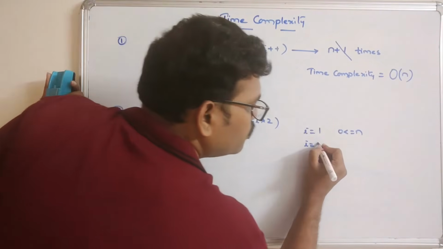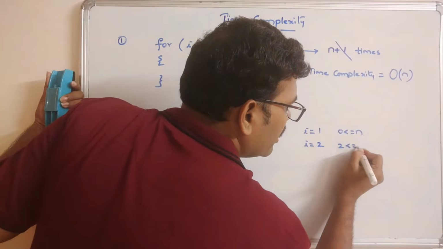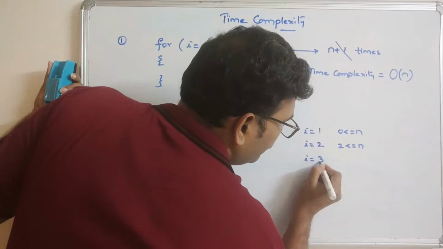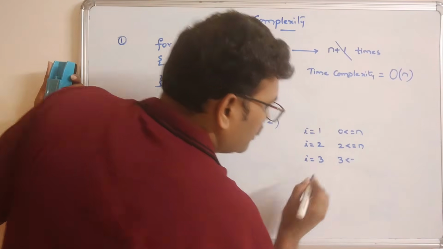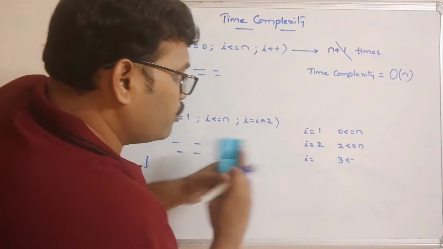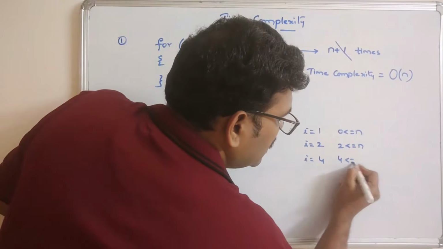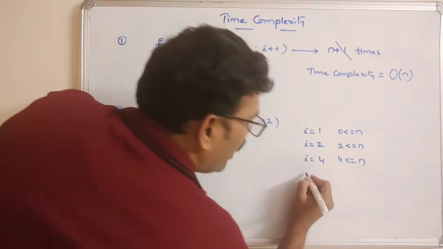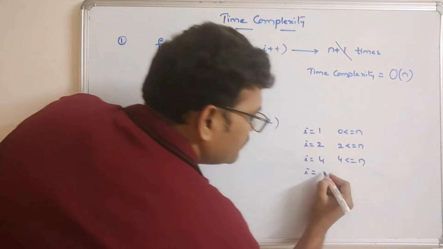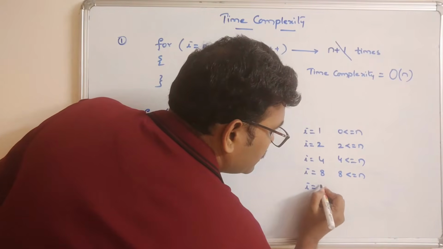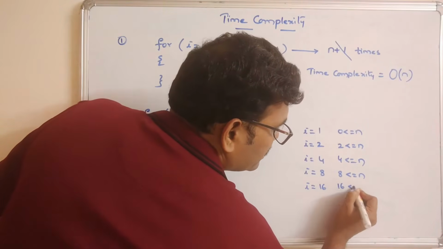So i becomes 2, less than or equal to n. If still true, i becomes 2 into 2, 4, less than or equal to n. Now i becomes 8, less than or equal to n. i becomes 16, less than or equal to n.